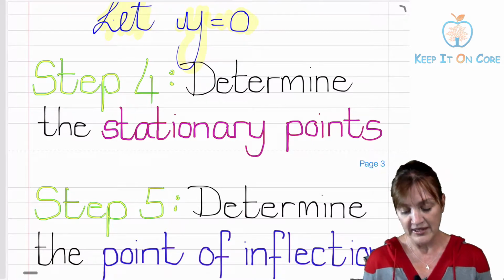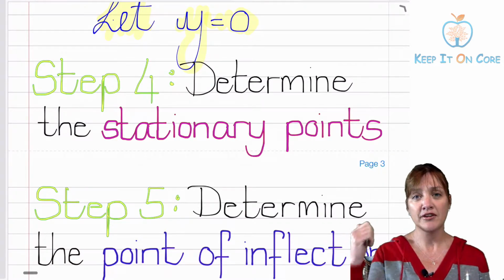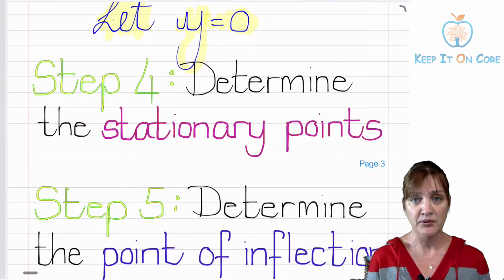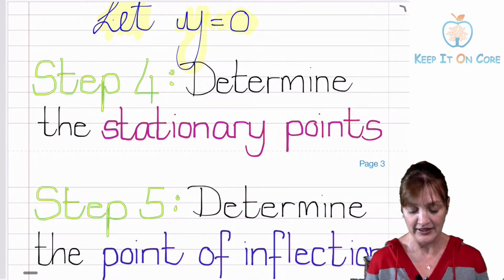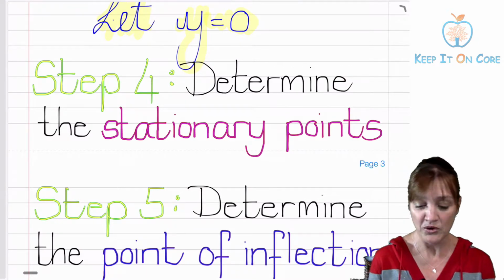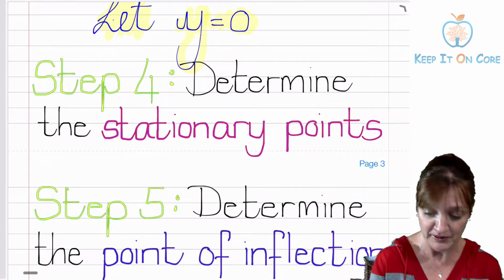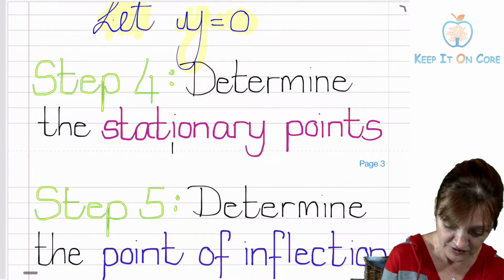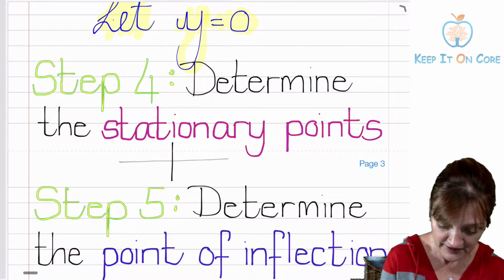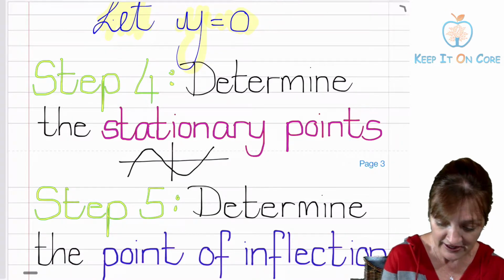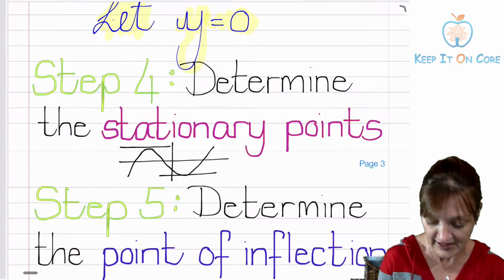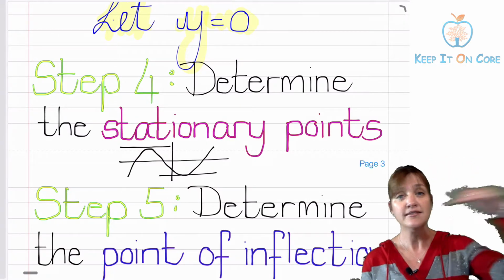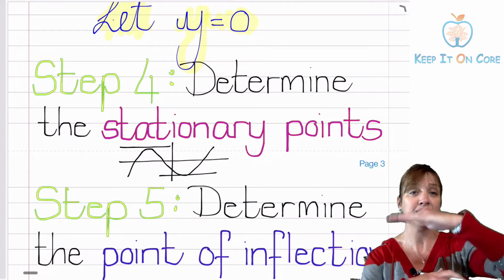Then step 4. So what have we got so far? We know the shape of our graph, we know the y-intercept, we know the x-intercept. Then we want the stationary points, which is what we call the turning points of your cubic function. If I draw a rough cubic graph and draw a tangent to the curve at the two turning points, the gradient of the tangents at those two points is absolutely flat.